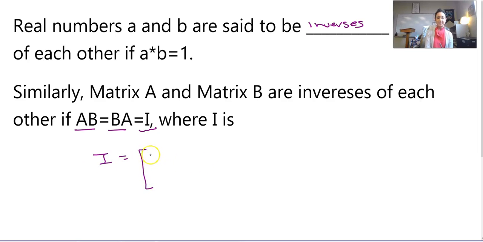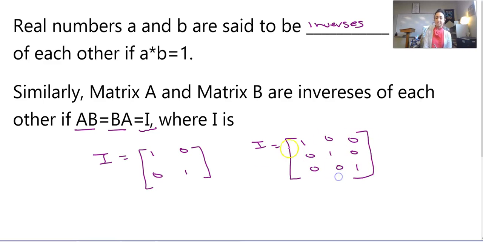So for a 2 by 2, you would have 1s in your diagonal, 0s everywhere else, okay? If I had a 3 by 3, this is what my identity would look like. I'd have 1s in my diagonals, 0s everywhere else.